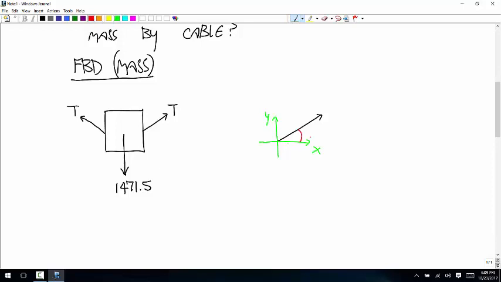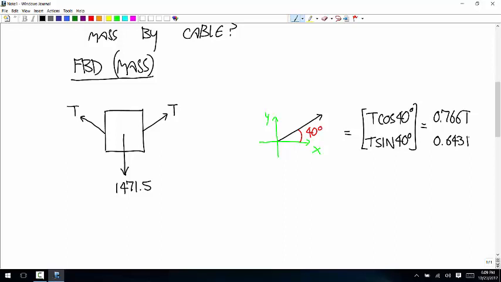We know that this angle is 40 degrees, and so the angle that you want to use there for sine and cosine is 40. The magnitude is T. So this vector is T times cosine of 40, T times sine of 40. And that comes out to be 0.766 T, 0.643 T.